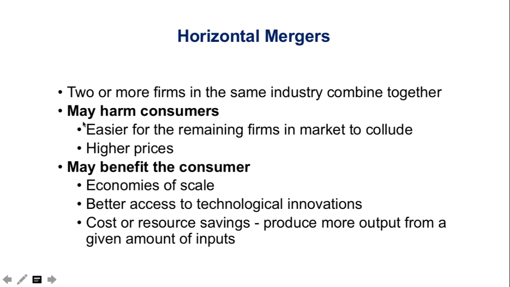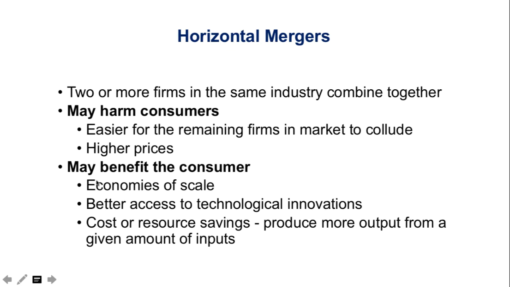There is a possibility that they may harm consumers, because it is easier for the remaining firms in the market to collude, setting prices higher and quantity lower in the combined industry.